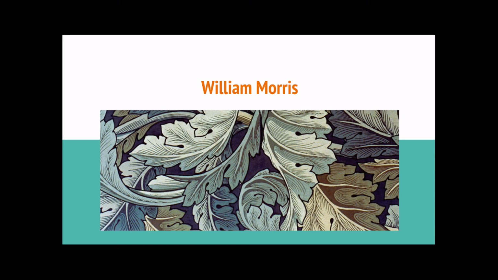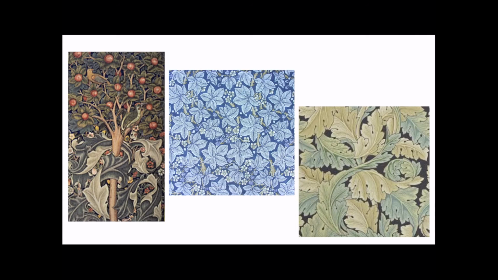Now, zooming out a little bit, I wanted to highlight another artist, William Morris. Now, this is going back several years here, but William Morris, not a modern artist, but an artist that was still focusing on pattern and not so much zooming in, but a way of focusing on the repetition of natural patterns.